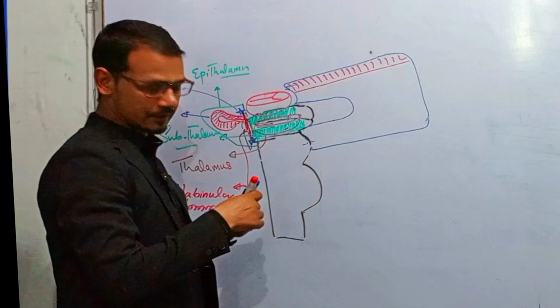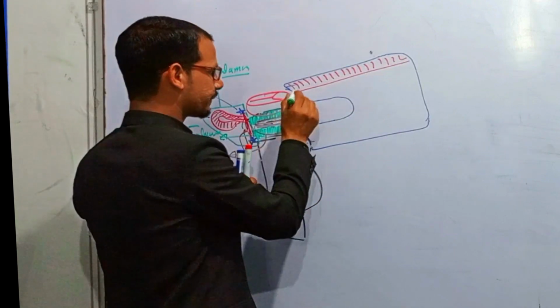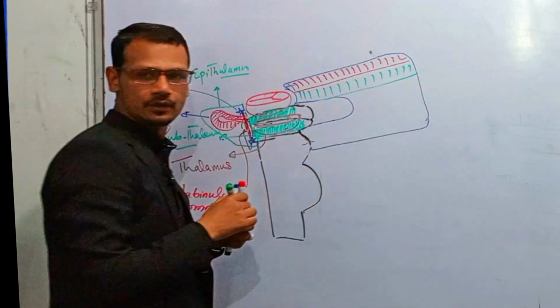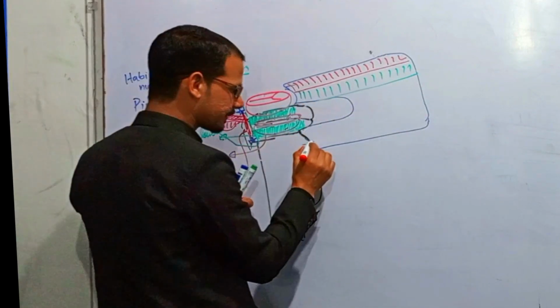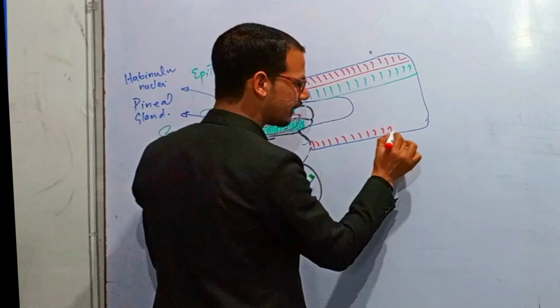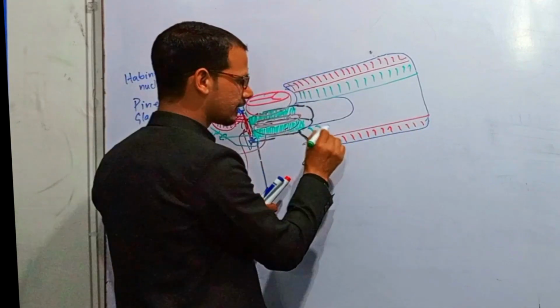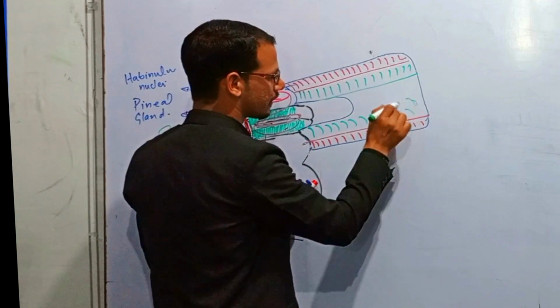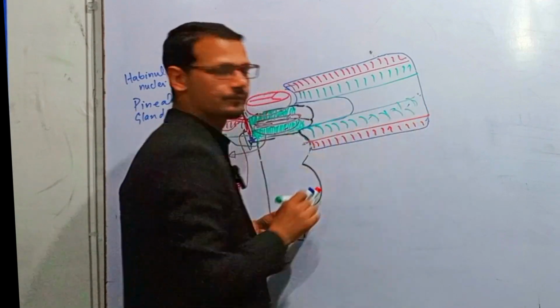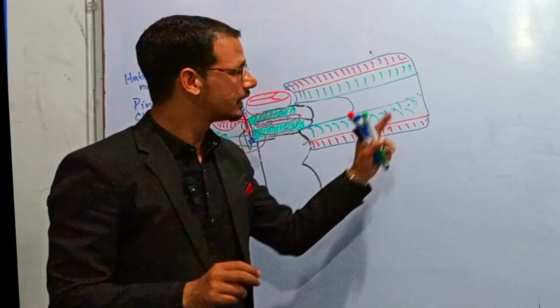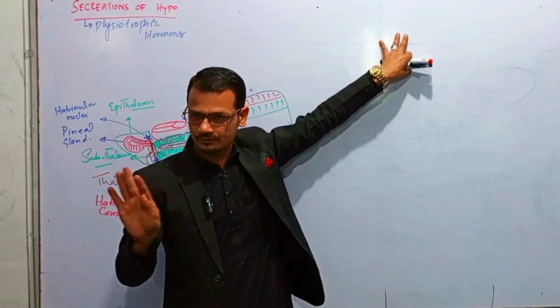This green area is left medial hypothalamus. This is right lateral hypothalamus, and this is right medial hypothalamus. Now from here the forebrain is present.